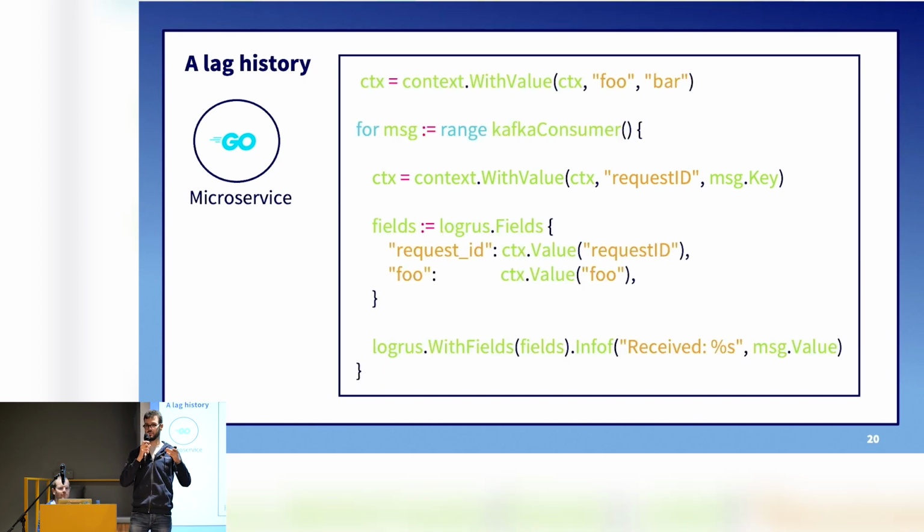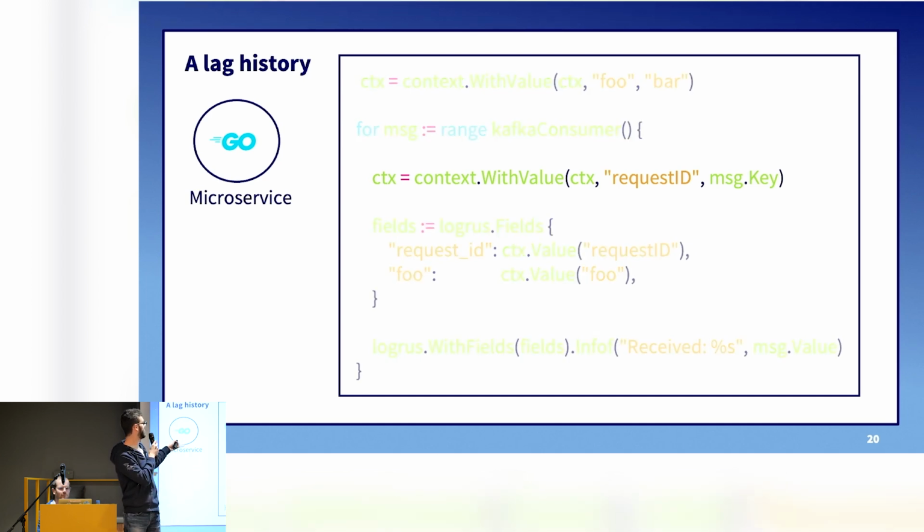We also had a key value in the context before that we want to use as well for our logging. So we do this assignment at every iteration. But I'm lying a bit because it's not literally an assignment. As you can see, we use the context twice and we assign it.